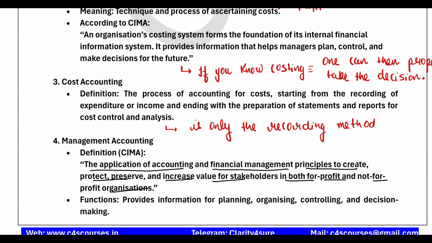Overall it will take the broader perspective, so that the stakeholders, those who have invested in the company, can be preserved and protected, in both profit and non-profit organizations. So they have not only the idea related to cost accounting, they also have the idea related to financial accounting, financial management purposes.